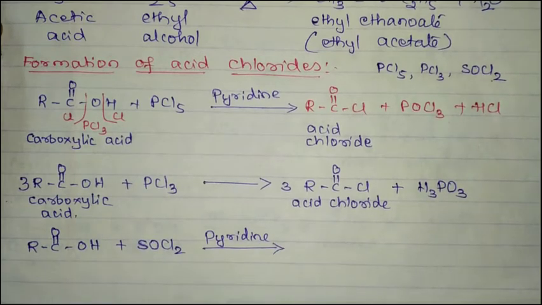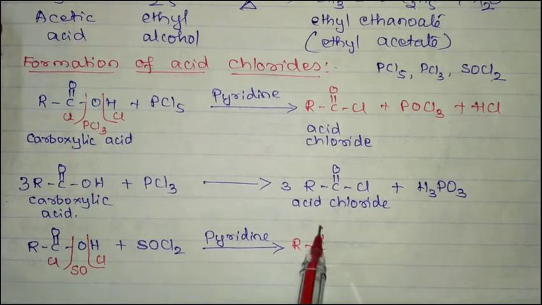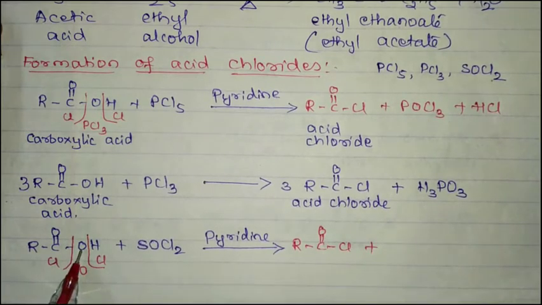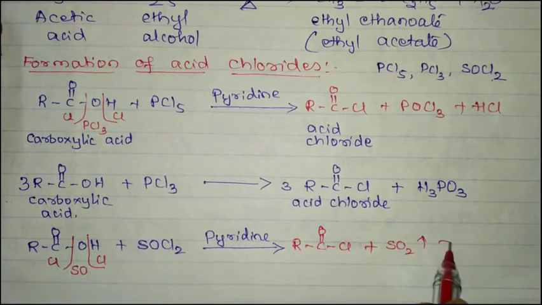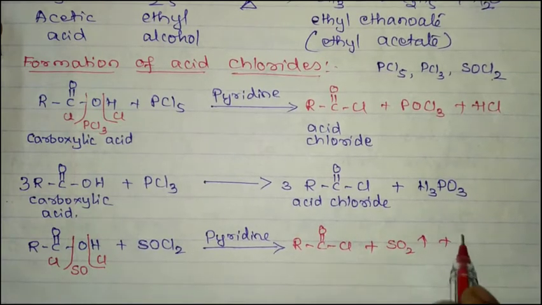You have to follow a simple technique to write this product. Write one Cl here, another Cl here. What is left? SO, write down SO here. So RCOCl plus SO2 gas plus HCl.